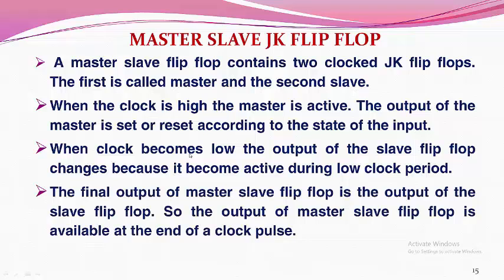The final output of the master-slave flip-flop is the output of the slave flip-flop. So the output of the master-slave flip-flop is available at the end of the clock pulse. Meaning if we have to determine the final output of the master-slave JK flip-flop, then we have to consider the output value of the slave flip-flop.